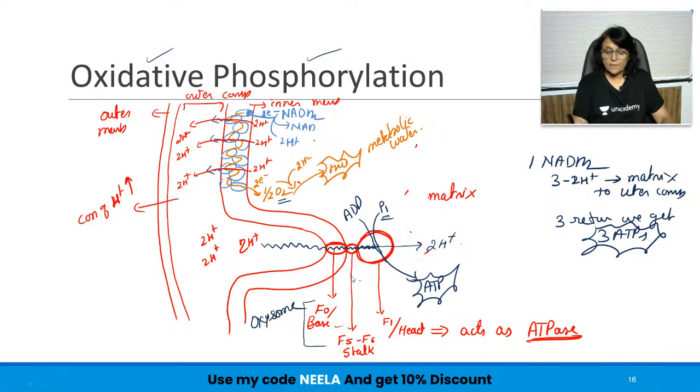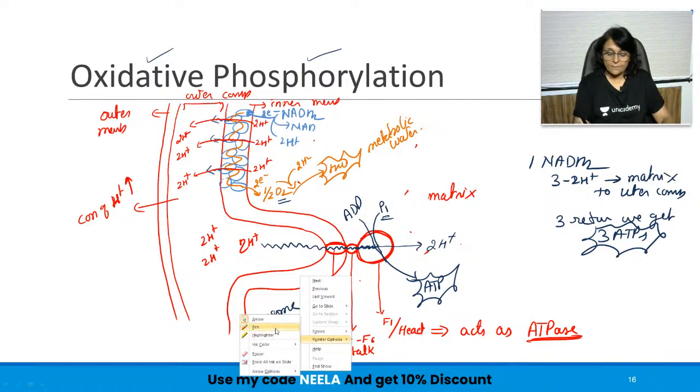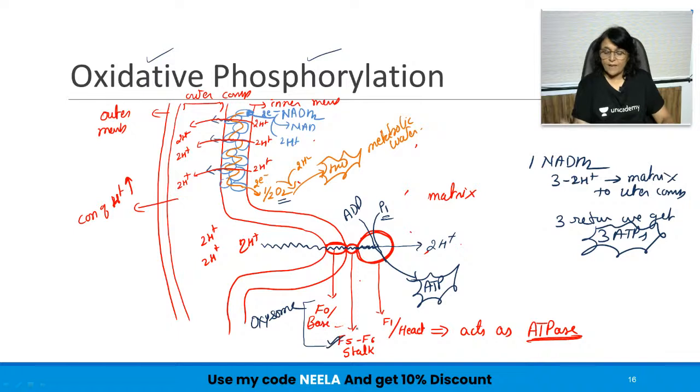What is the difference? In this case, the particle has F5, F6, whereas in chloroplast there is no F5, F6. It is only F0 and F1, and that is why in chloroplast we call it F0, F1. Here we call it F0, F1 or oxysomes or elementary particles.